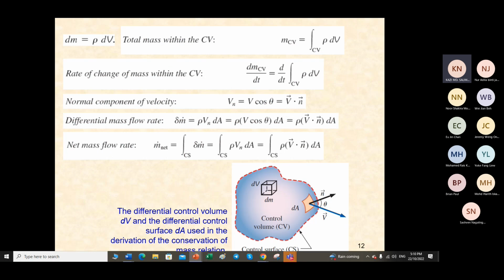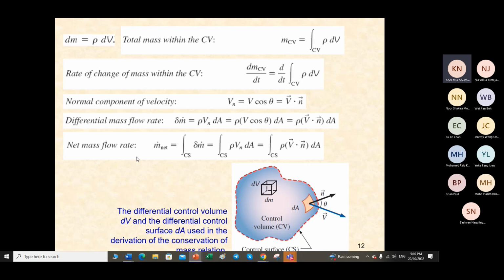With this understanding, we move on further: the total mass within the control volume, m CV, is the integration over CV of rho dV. So the rate of change of mass within the control volume is equal to d/dt of the integral of rho dV, and the normal component of the velocity.